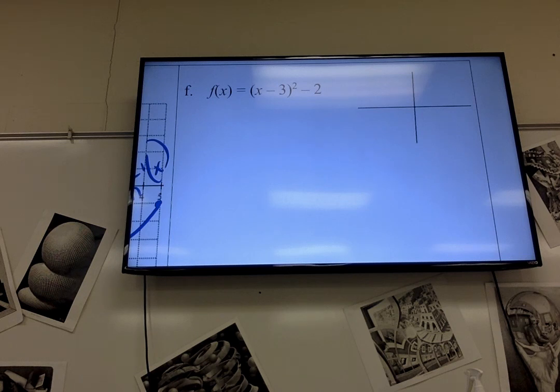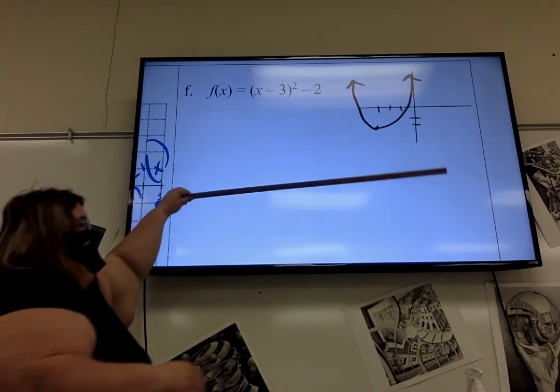But just for review, I'm going to say, okay, this -3 means I'm going to go to the left 3. And that -2 means I'm going to go down 2. So it's going to look something like that. And again, it doesn't matter if you drew it like that because you know it's a parabola.